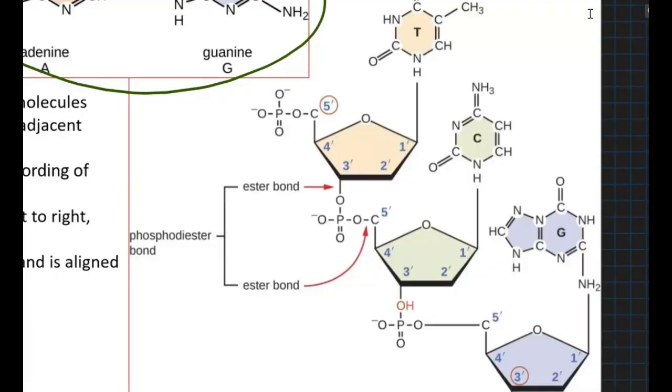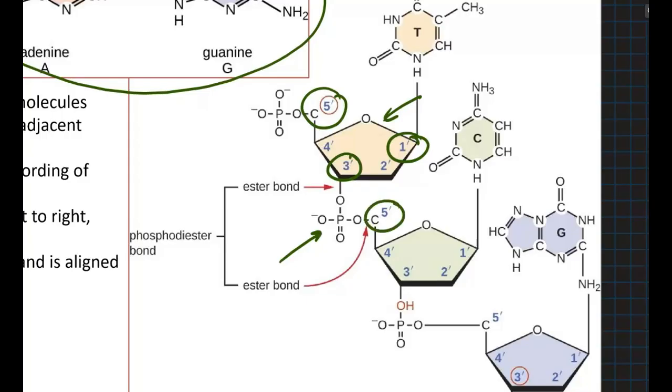When you look at a molecule of deoxyribose, it has 5 carbons, numbered from 1' to 5'. And once you start looking at the position of the phosphate group, you can see that the phosphate always connects the 3' carbon of one deoxyribose sugar with the 5' carbon of another.